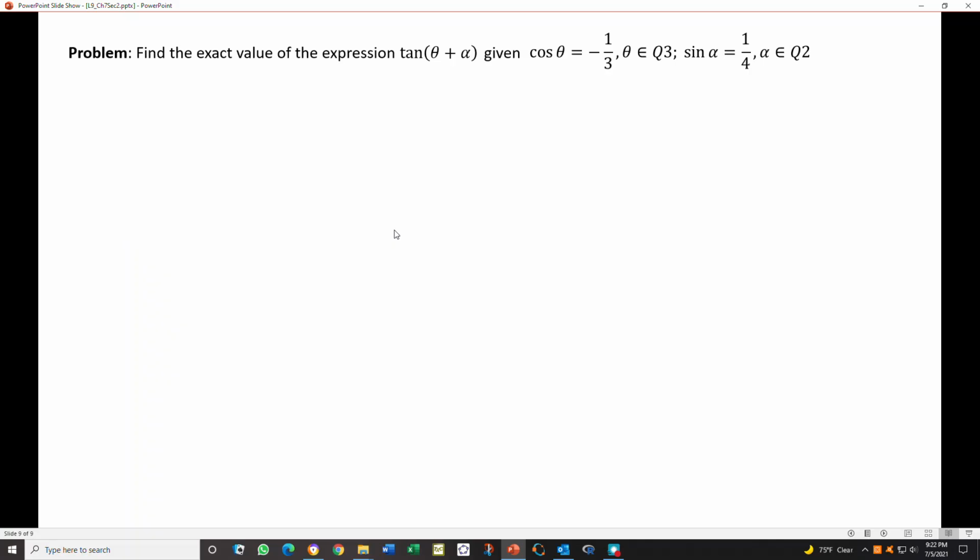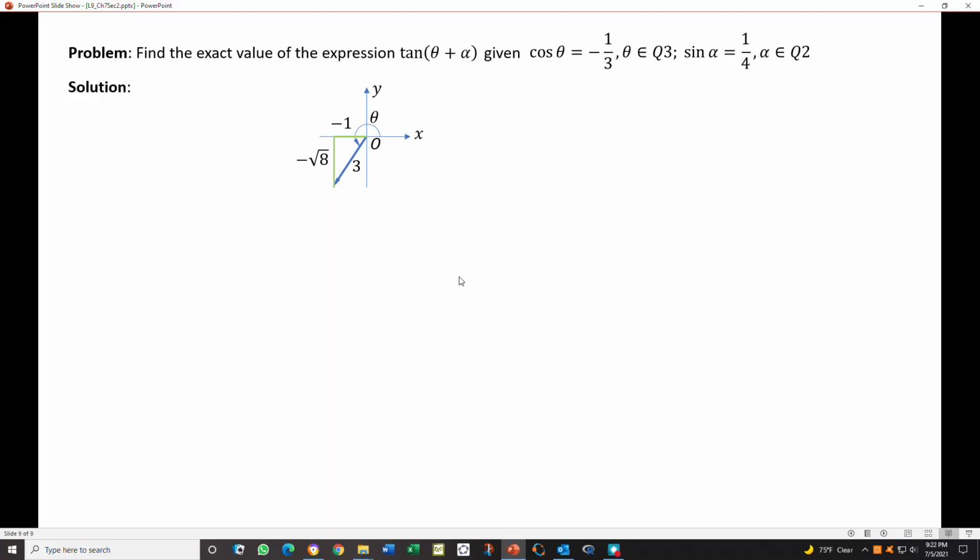Theta is in quadrant 3. Sine alpha is 1/4, and alpha is in quadrant 2. Well, this should be kind of similar to the previous problems, except where we draw the triangle kind of changes. That's the only difference.